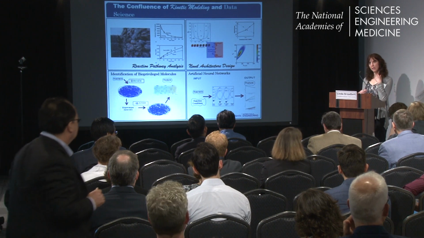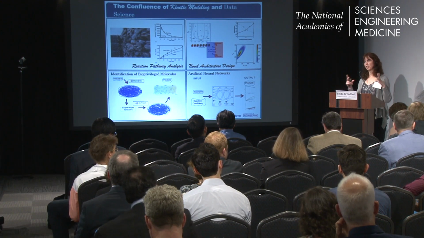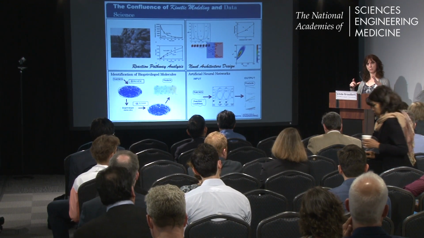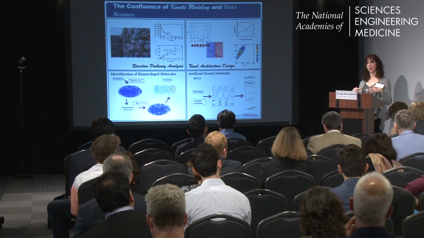Yeah, I think that, and I feel like John Kitchen at CMU has a very nice perspective on the confluence of machine learning methods with fundamentally based models, because I have seen some evidence of machine learning models that then violate fundamental physical principles that we all know. And so I think that's the danger of them. You touched on that, yes, you need a lot of data. So in that case, the kinetic model provided a nice platform for that.